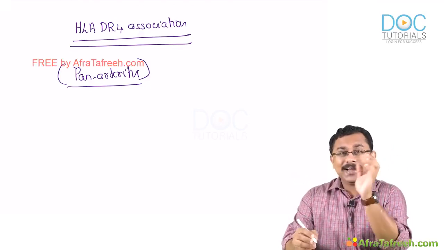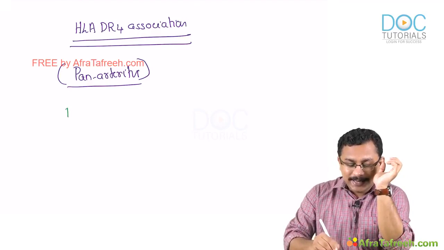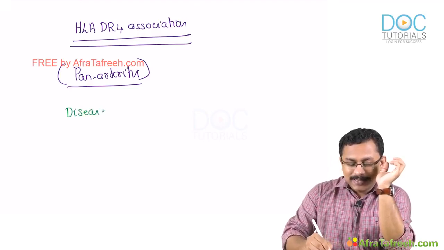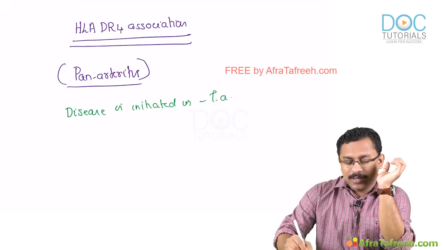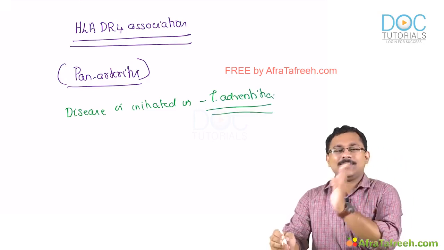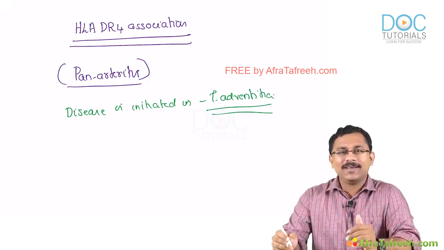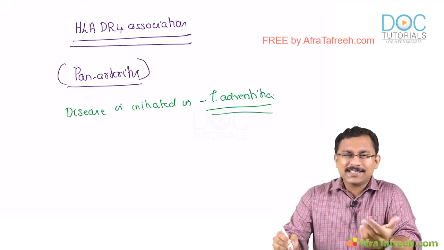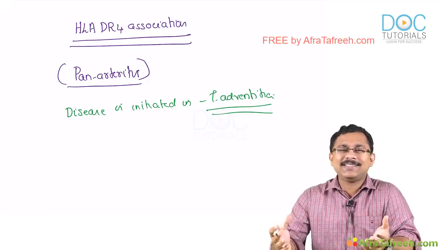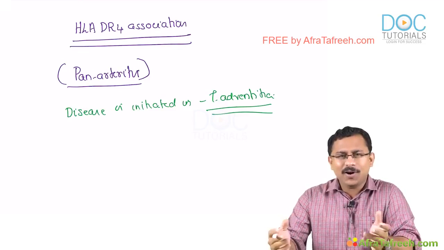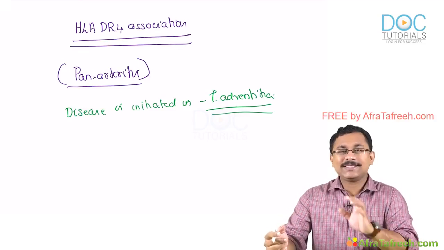Though it is a panarteritis, the disease is initiated, it starts in the tunica adventitia, but definitely the media as well as intima can also be involved. You can have a disruption of the internal elastic lamina, you can have an increase in the thickness of the tunica media, all this is possible. So this is a panarteritis.